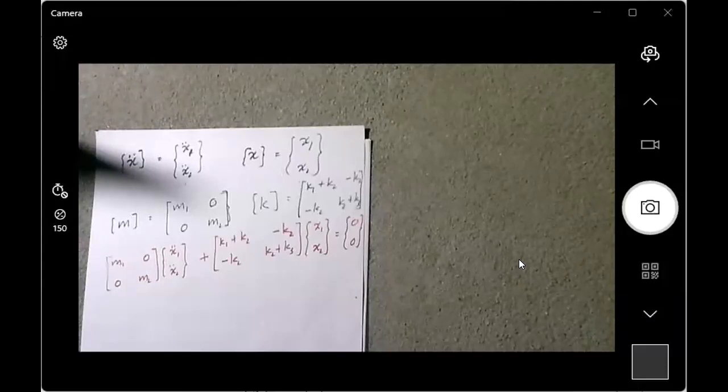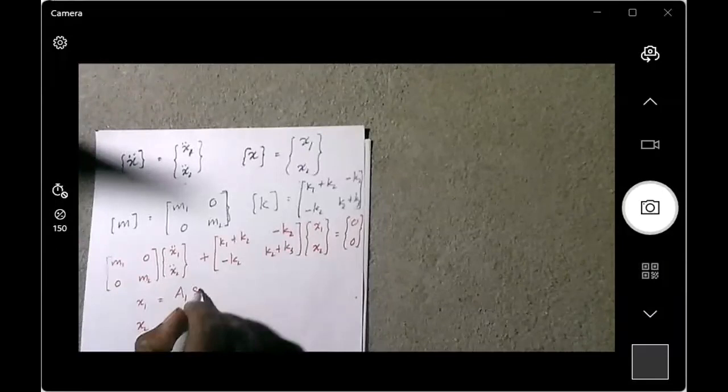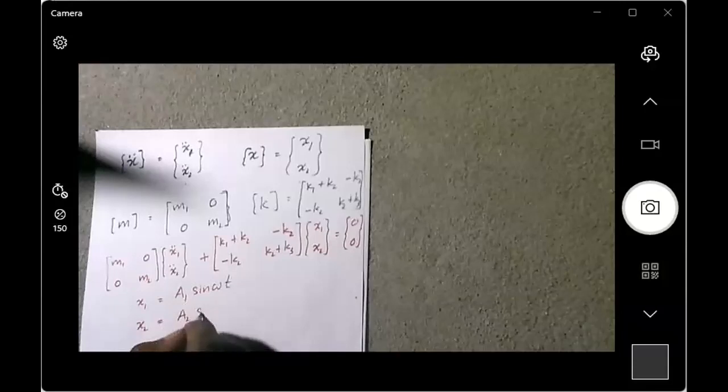Now try to solve this one. It is same as what we did with the single degree of freedom system. Only thing is that instead of one answer, there will be two answers for x1 and for x2, right? General form will be A1 sine omega t and A2 sine omega t.